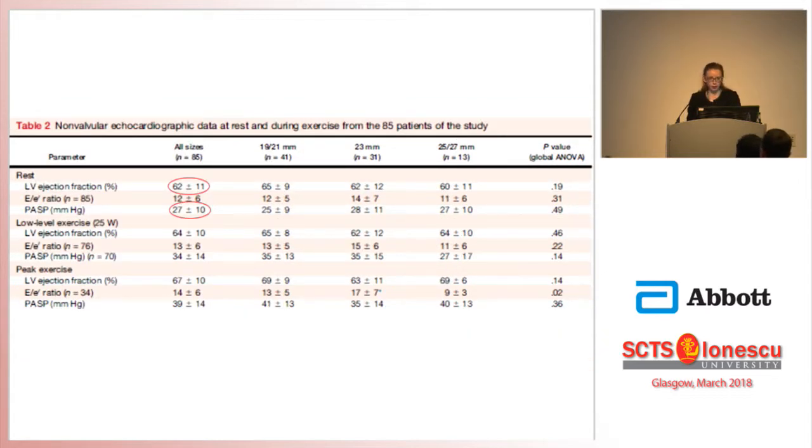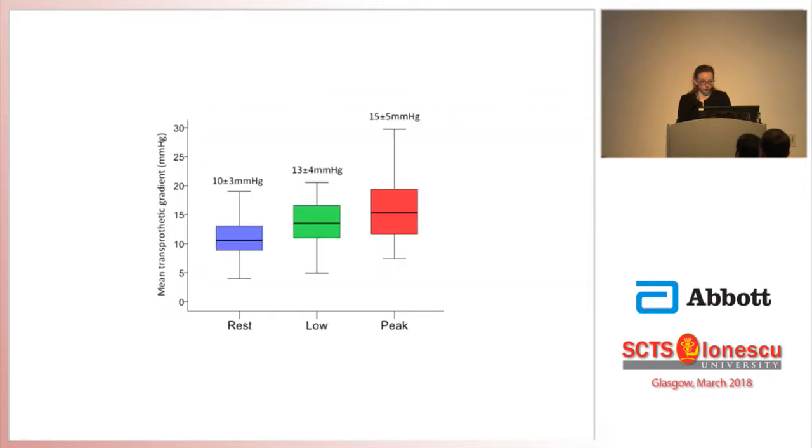Now, non-valvular echocardiographic data: you have here ejection fraction, diastolic function, systolic artery pressure. I won't go through them. This is the evolution of the mean transprosthetic gradient from rest to peak exercise in the whole population.